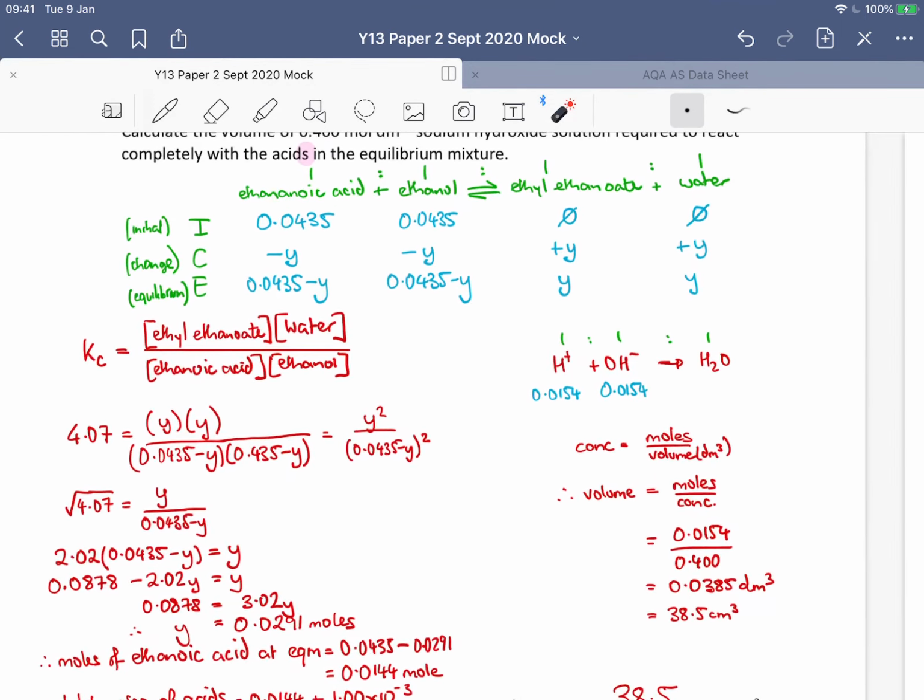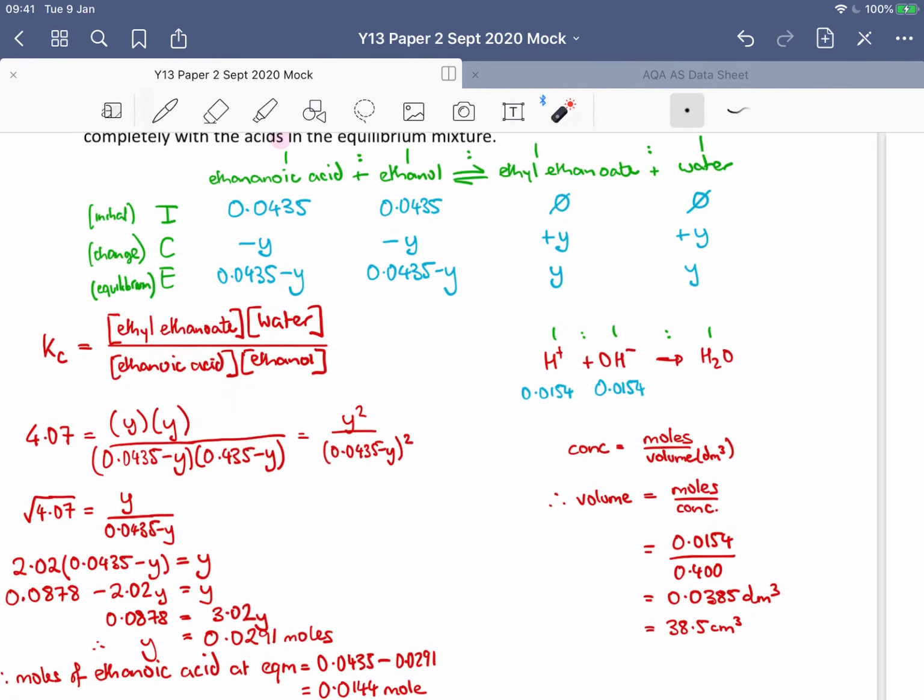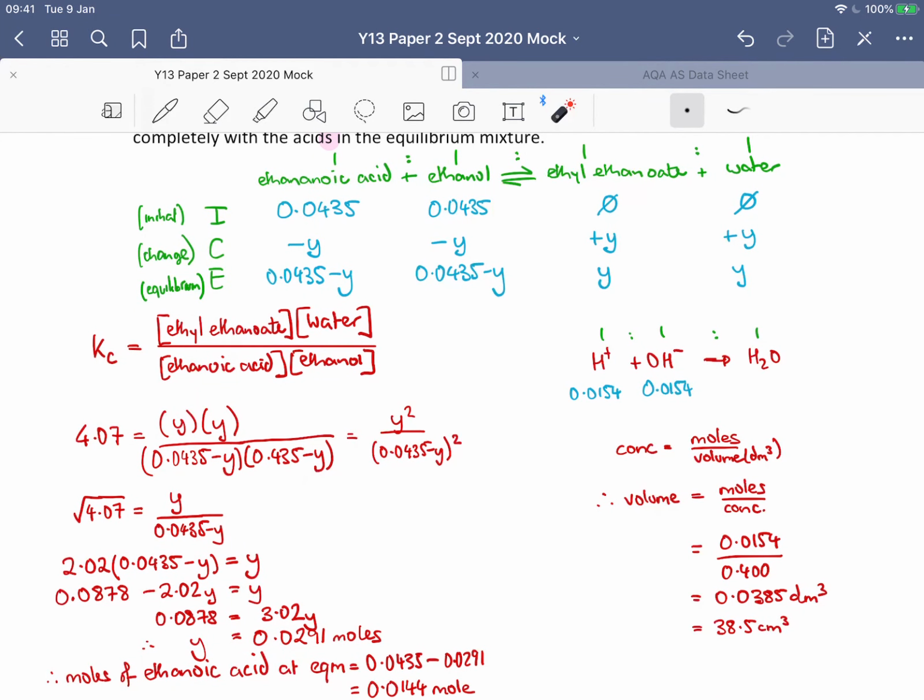So we needed to write an ice table. It helps to rewrite the equation because it wasn't written out for us on this particular part. It's important to put the molar ratios because that's going to be important when we're looking at the change in our ice table. We do an ice table, so it's initial moles, change in moles, and then moles at equilibrium.